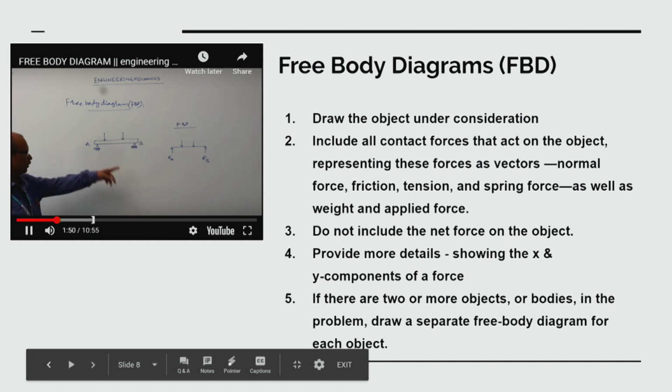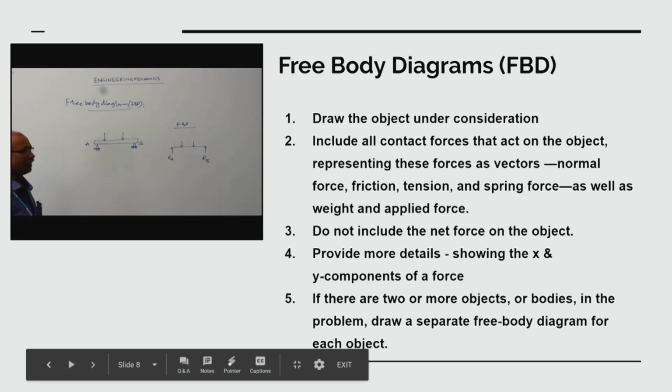So these supports are replaced by their reactions. Likewise, suppose a sphere is hanging from a wall with the help of a wire which is connected to its center, then its free body diagram is like this. Say this is the weight of the object and this is the force.